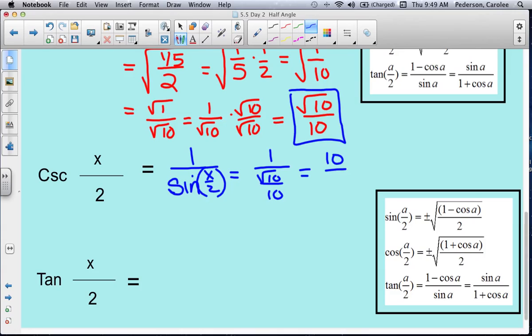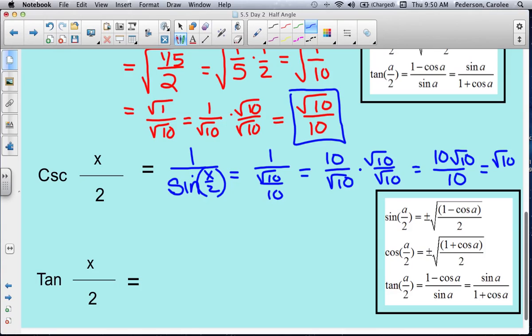So 10 over the square root of 10. Now rationalize it again. Multiply across. 10 square roots of 10 over 10. And what happens to my 10s? They cancel. So there's our final answer there.